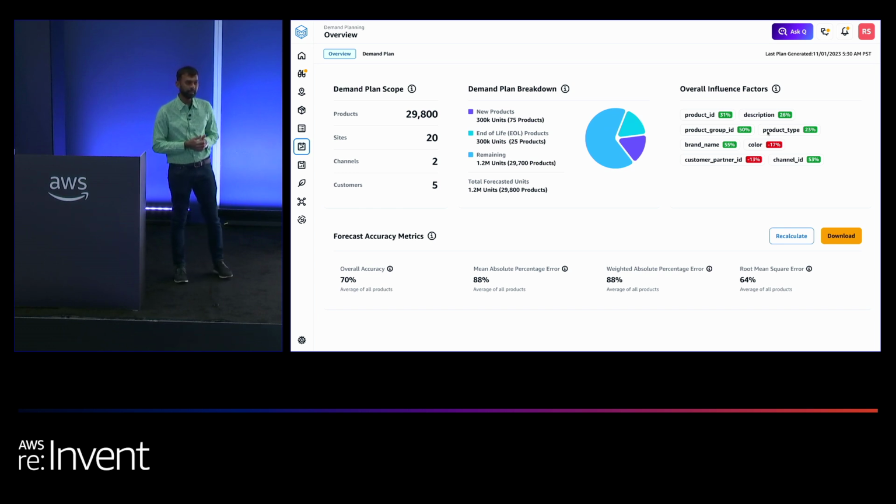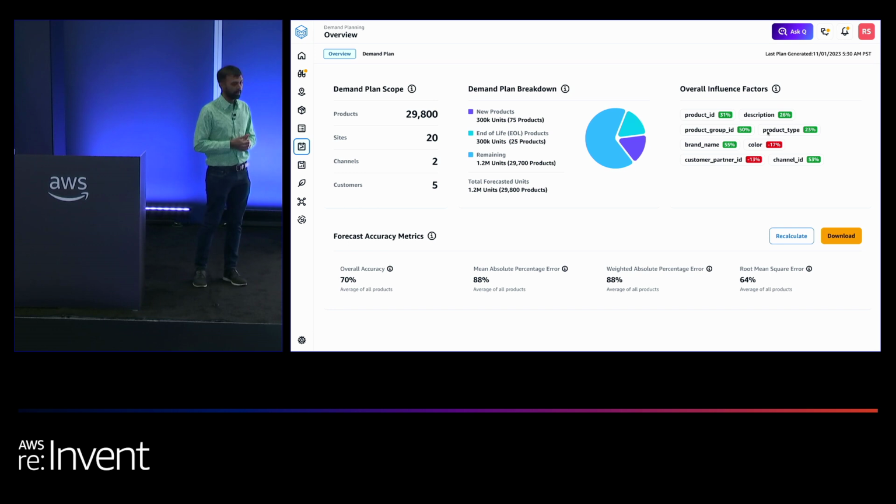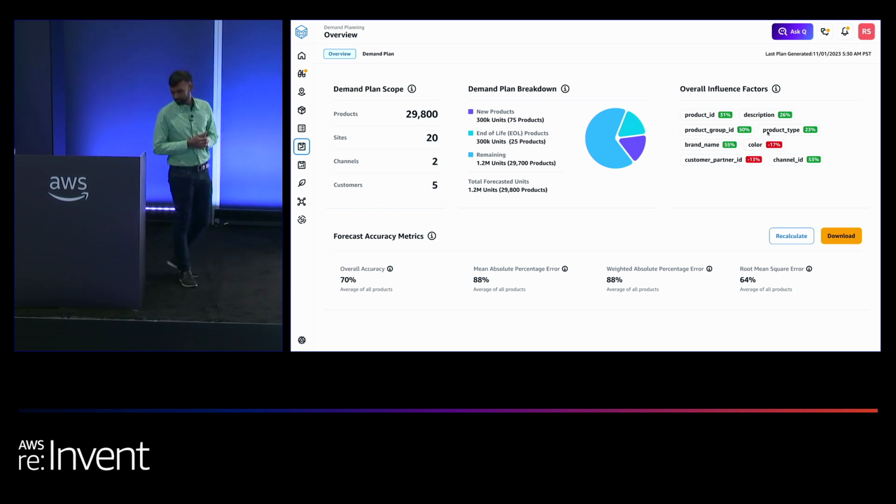Classical example here is the number of black umbrellas sold in New York City, right? With the color attribute playing a key role in how the demand forecast is generated. Now, in line with that request from our customers, the machine learning model also teases out the top attributes that truly influence your demand, right? And we see a sample representation there.